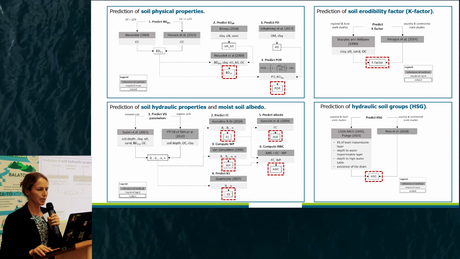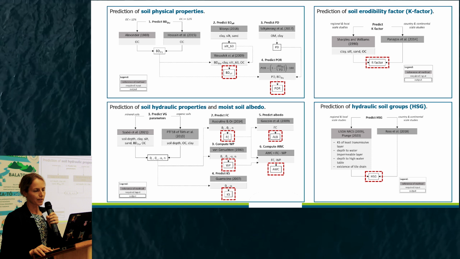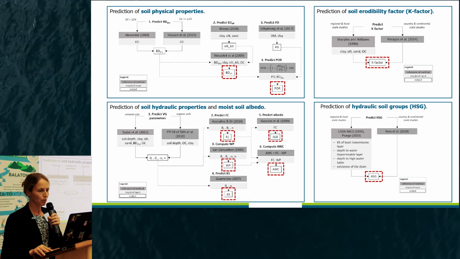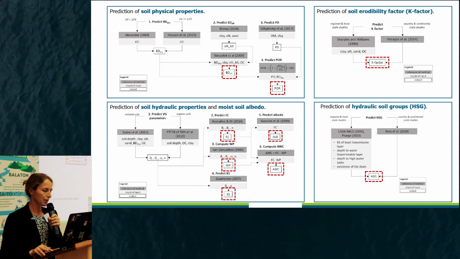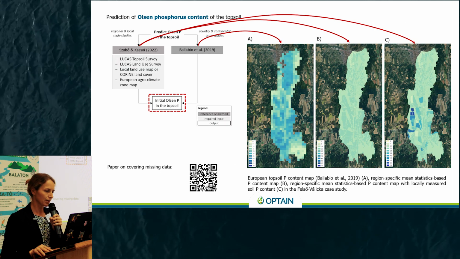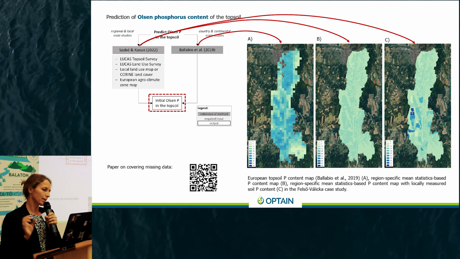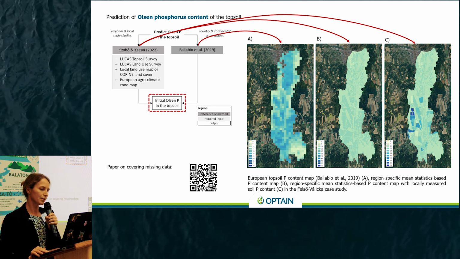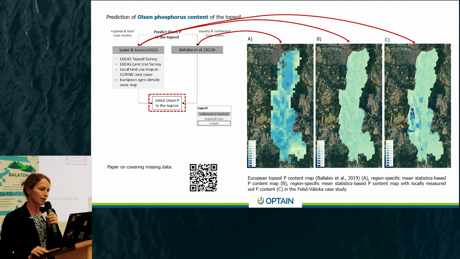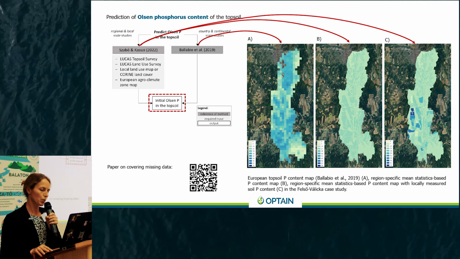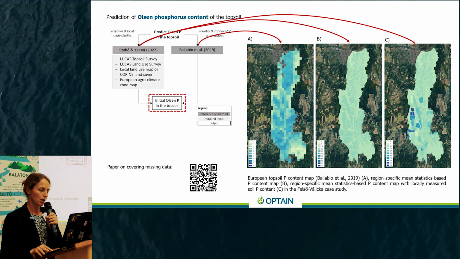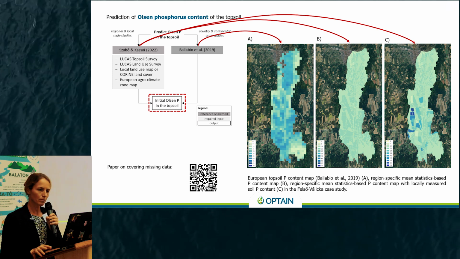Okay, just a fast picture about this is a part of the modeling protocol, how to derive missing soil data. I show it because our institute was leading this, and here I would like to highlight that we addressed deriving soil phosphorus data as well, and we have a manuscript on this part.